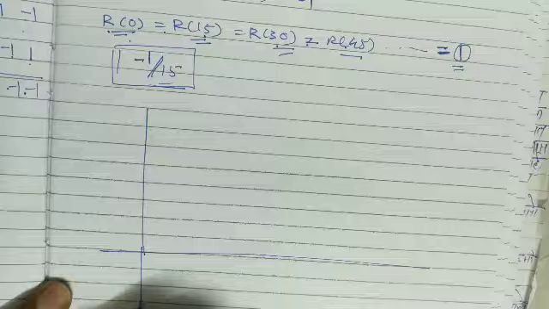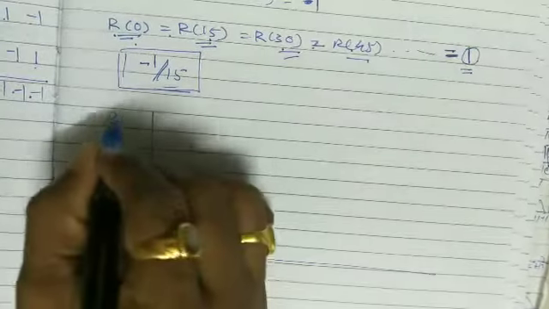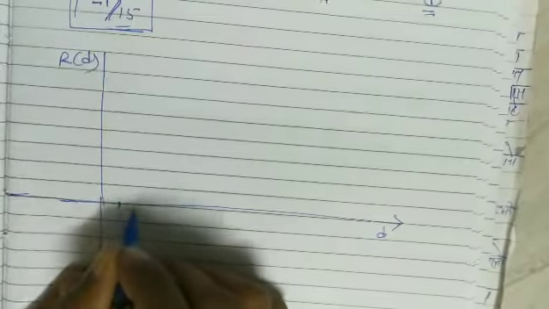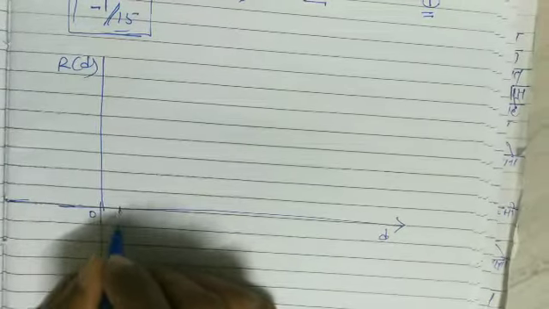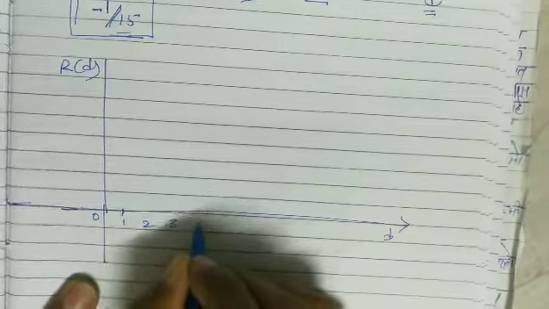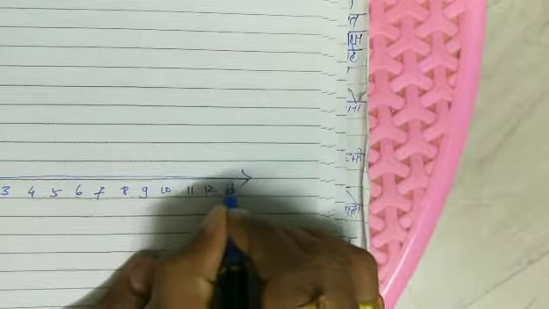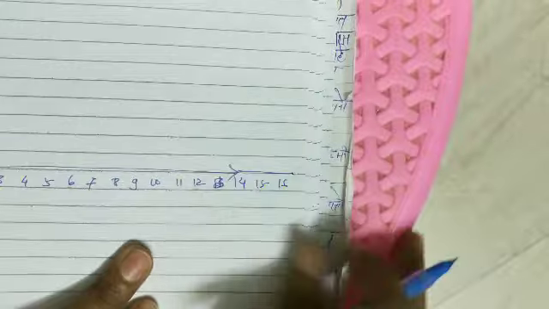Now if we draw the graph between R of d and d, let these values be like 0, then 1, 2, 3, 4, 5, 6, 7, 8, 9, 10, then 11, 12, 13, 14, then 15, likewise, then 16.